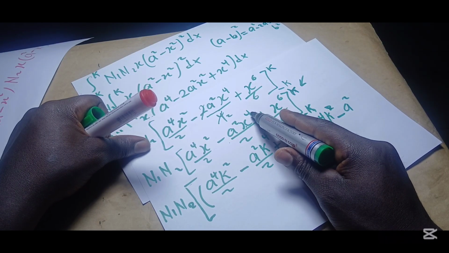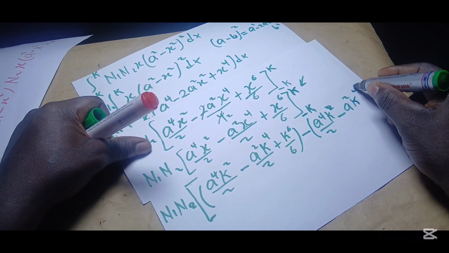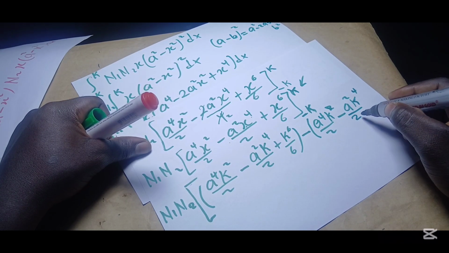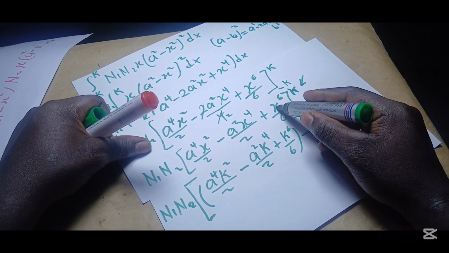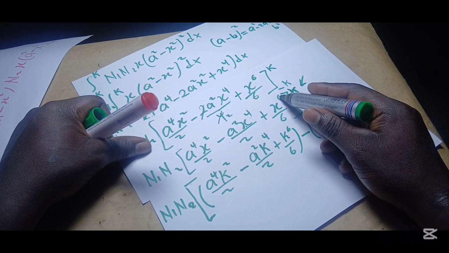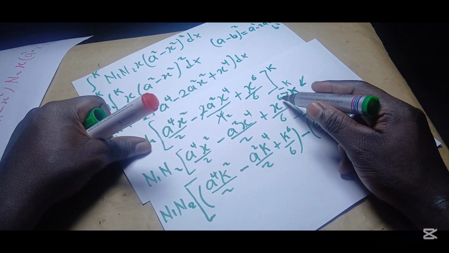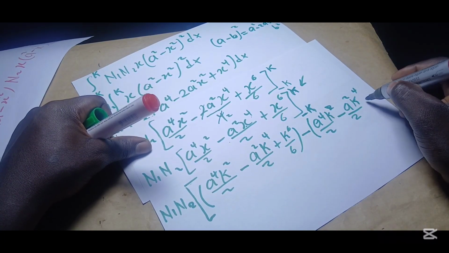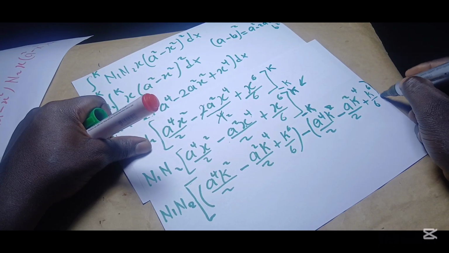Since the power is even, we are going to get positive k to the power 4, all on 2. And then here x to the power 6, since the power is even, replacing it by negative k gives us positive k to the power 6, all on 6, plus positive k to the power 6, all on 6. Remember, they are multiplied.